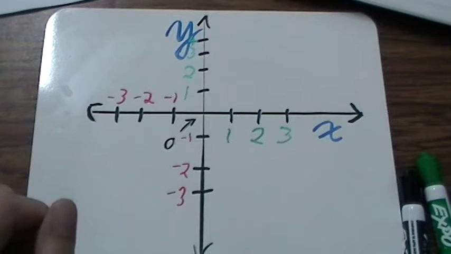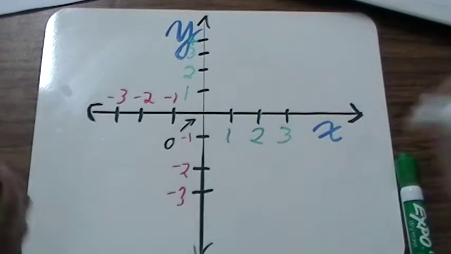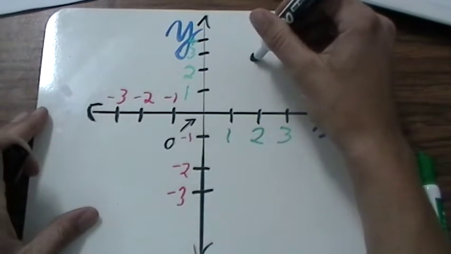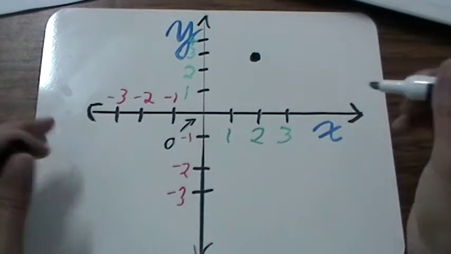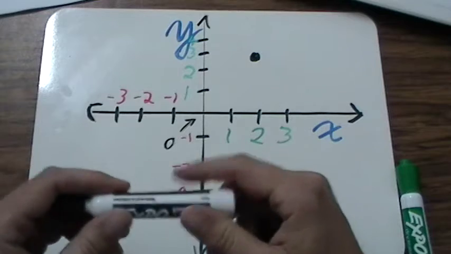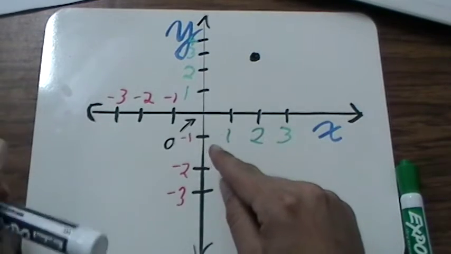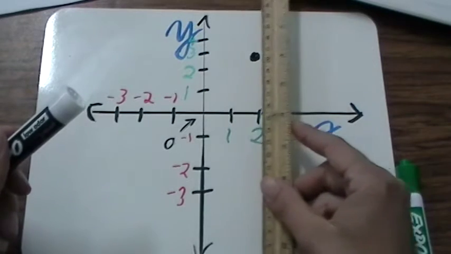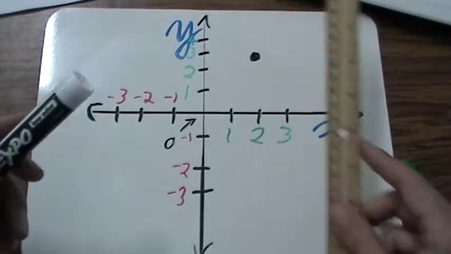All right, guys. So what I'm going to be talking about today is now how to know what the name of a place is. If I have a dot that's right here, what is the name of that dot? Well, I'm going to see how many places to the right do I have to go to get to that dot. 1, keep going, 2, there it is.